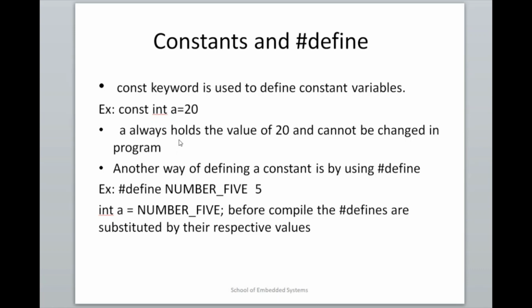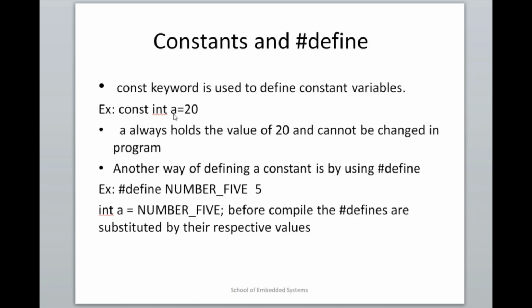So you might ask, why do I need a constant just to do this? Even without a constant, I can still maintain that int a remains 20 and take care in the program that I am not updating a with any value, correct? But there is a problem: say you write code today, and after 2 months you want to revisit and update the code.